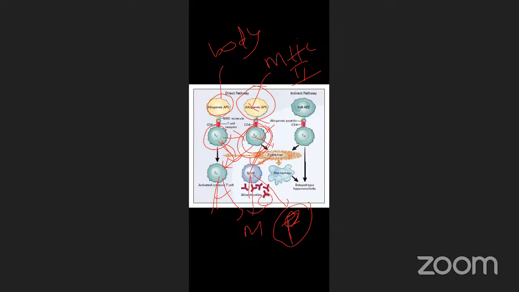If it is a TC cell, it directly damages the infected cell. But if it is a TH cell, it cannot directly damage the infected cells or tissues.